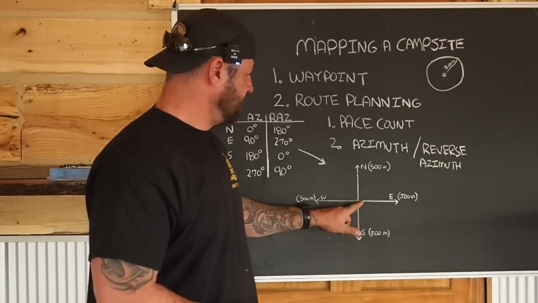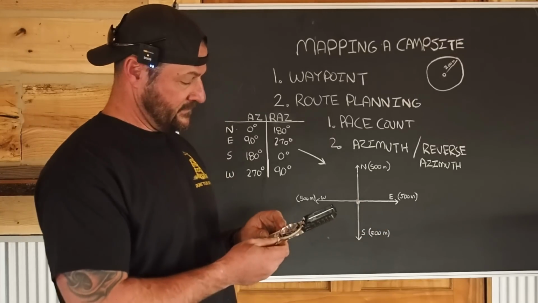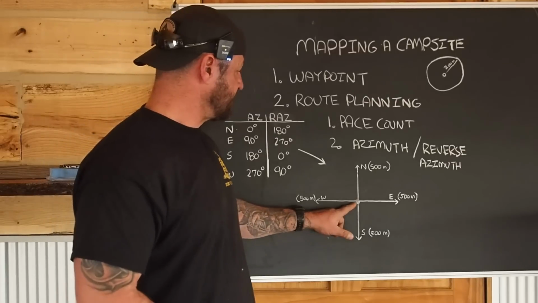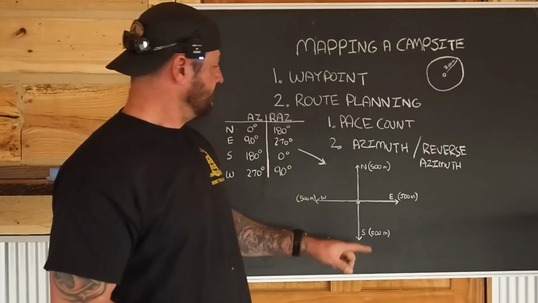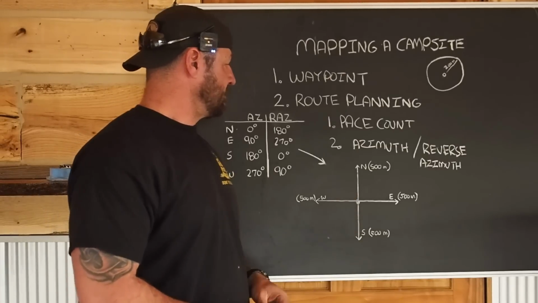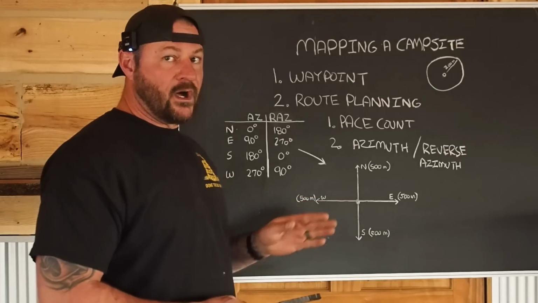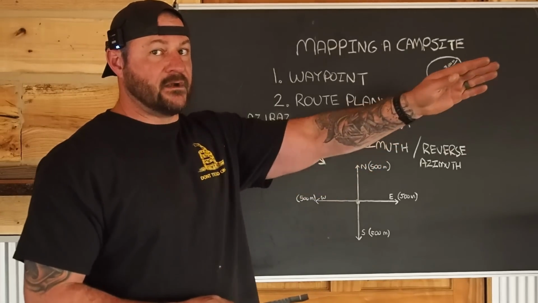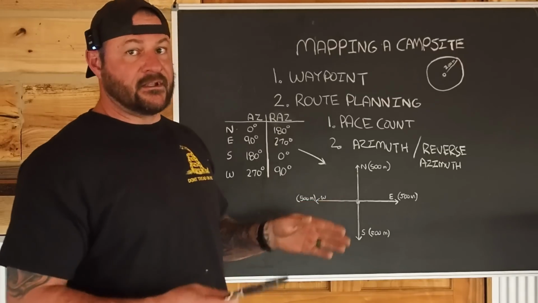Southeast. See where I'm going with this? Next one, southwest. And last but not least, northwest. So from my shelter, I can map 8 different areas that I can walk 500 plus yards or meters out to, and then walk back successfully and never get lost.